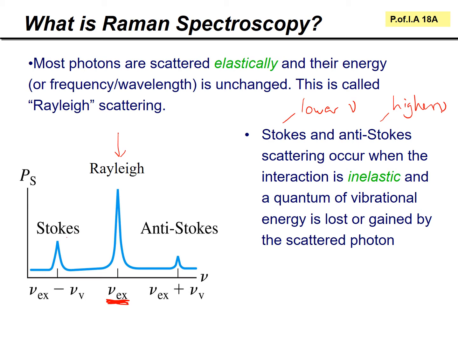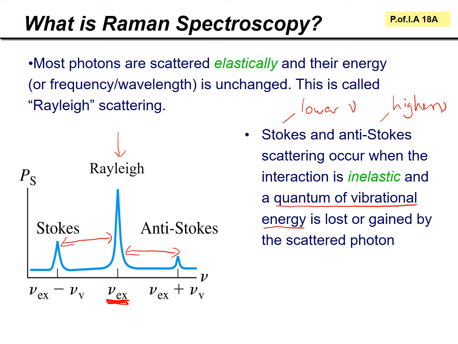Now, it's this energy difference here, either the energy difference between the Rayleigh and the Stokes, or the Rayleigh and the anti-Stokes, that will tell us about the vibrational energy levels. That's because when the scattering occurs, a quantum of vibrational energy is lost or gained by the scattered photon.